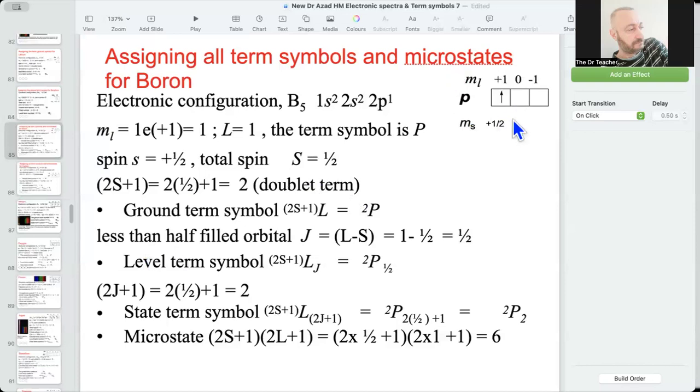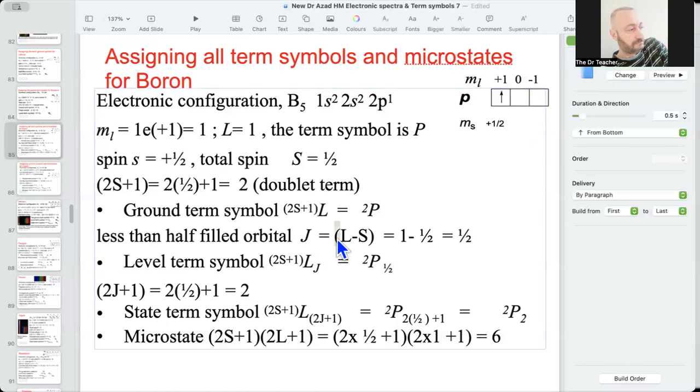So this orbital is less than half filled. To obtain the J, because it's less than half filled, it will be L minus S. In all cases, we have to put the integer. Don't forget.